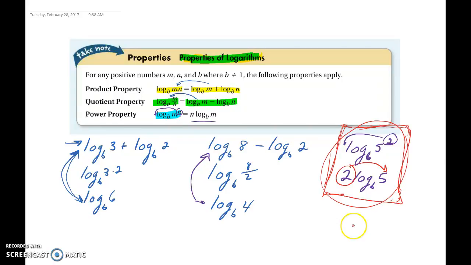Now before we move on, it's more important with the second video, but I want to talk about this a little bit in more detail. If we have, say, log base 2 of 4, one of the things we can do is rewrite this 4 as 2 squared, log base 2 of 2 squared.